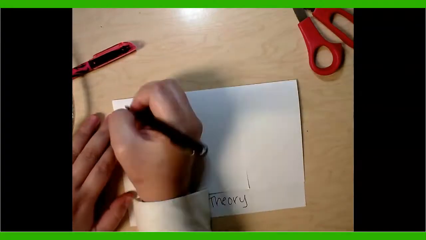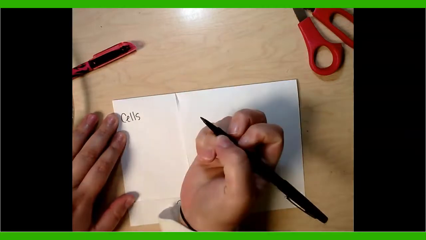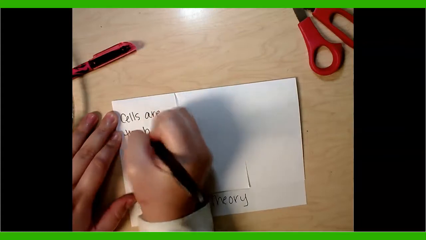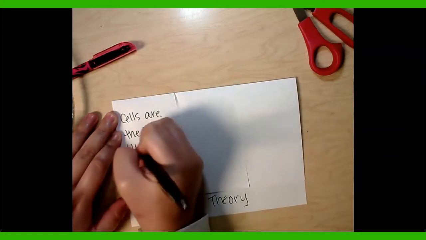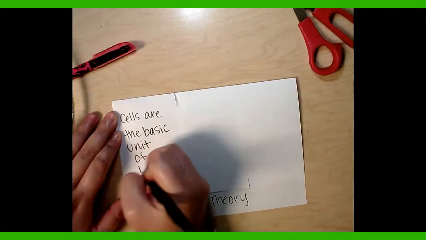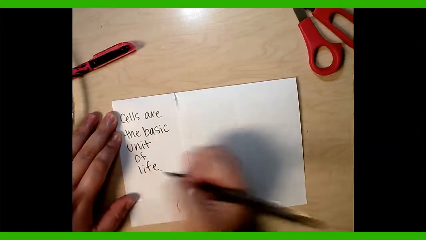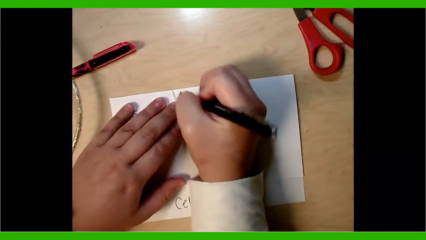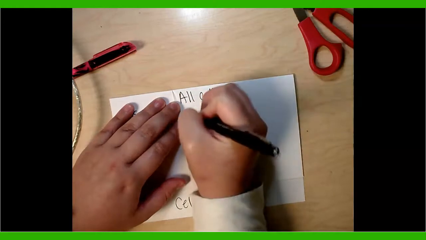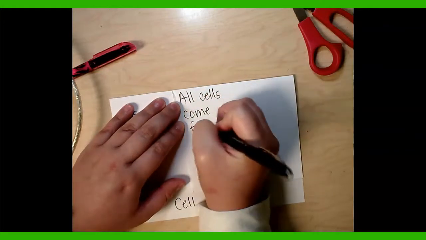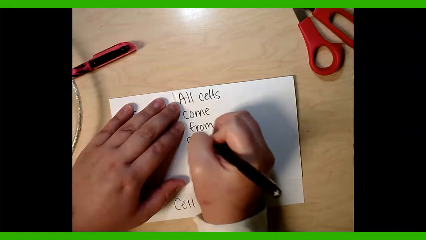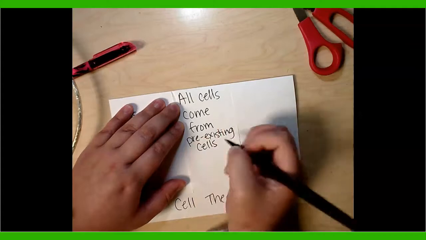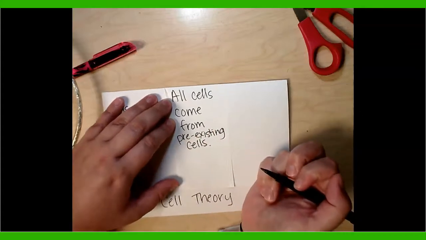So the first part is cells are the basic unit of life. Okay. The second part is all cells come from pre-existing cells. And the third part is all living things are made of cells.